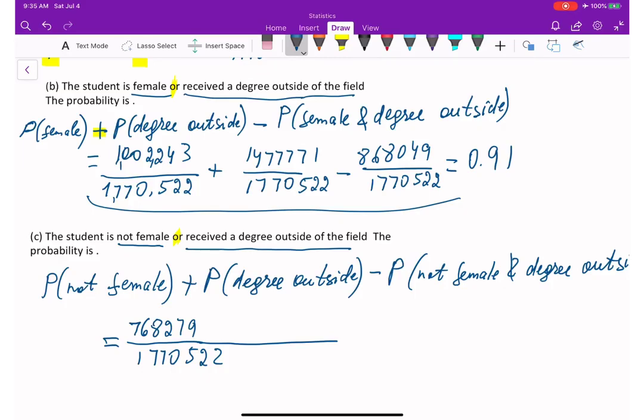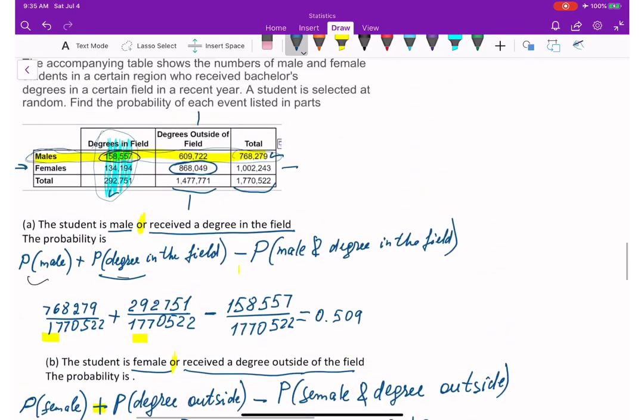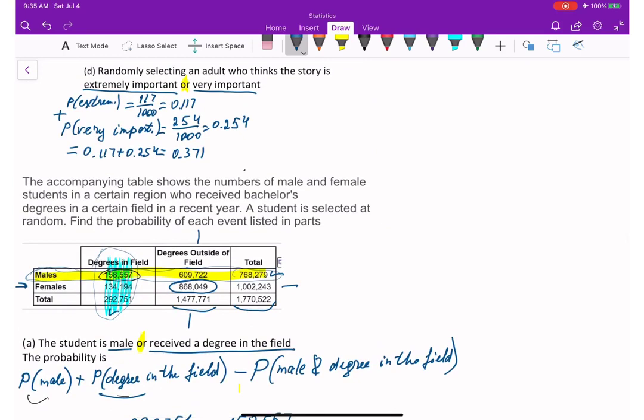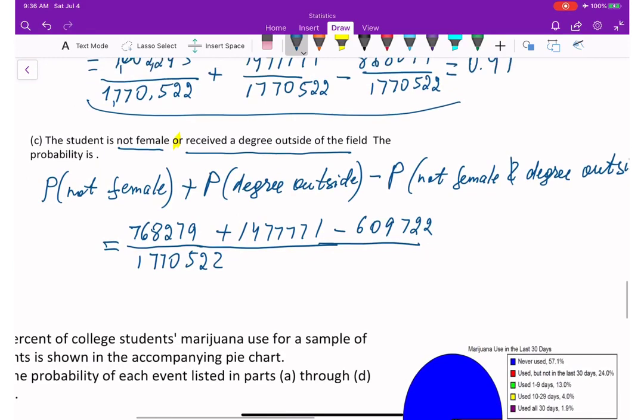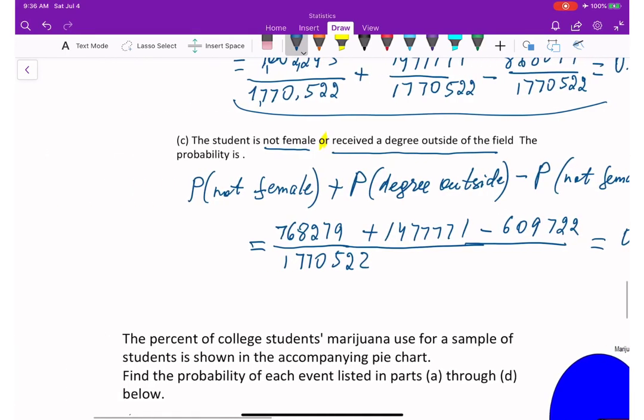So 768,279 plus degree outside, 1477771, and minus 609722. Let me go up here. Male and degree here. Okay? And if you put these numbers together, you are going to get 0.924. All right. Next one.